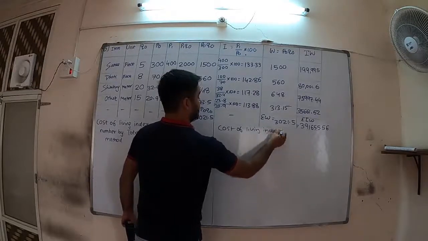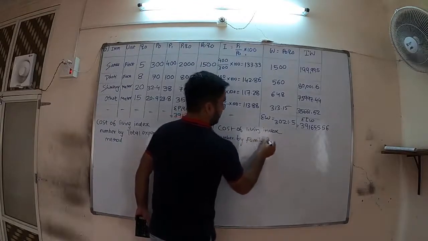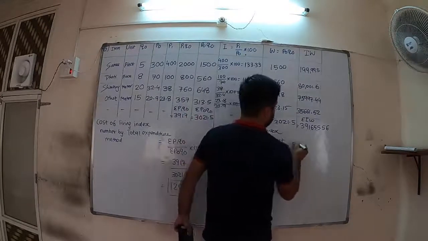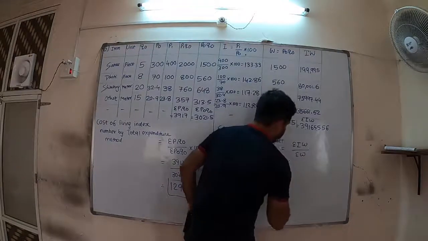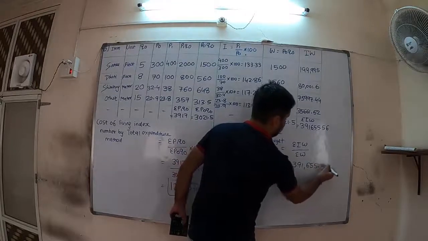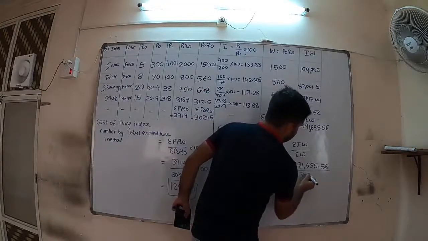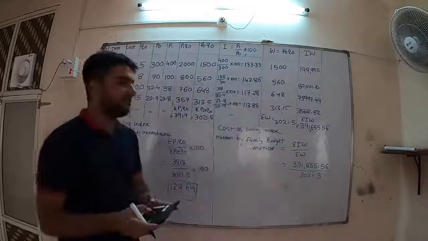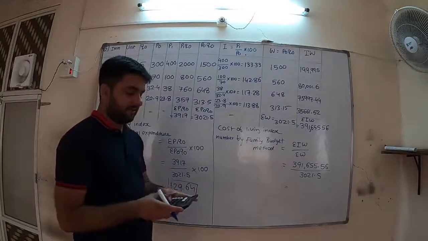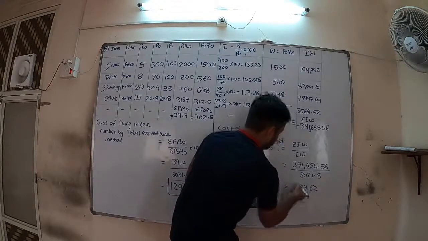Cost of living index number by family budget method is equal to sigma IW divided by sigma W. 3,91,655.56 divided by 3021.5 is 129.622.